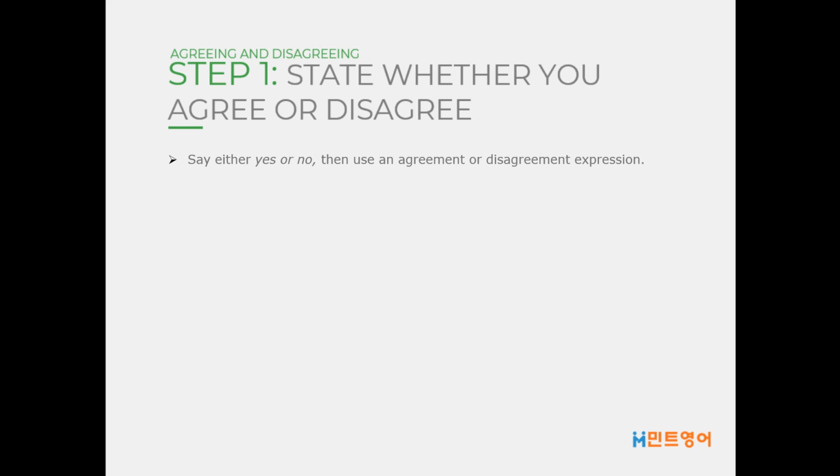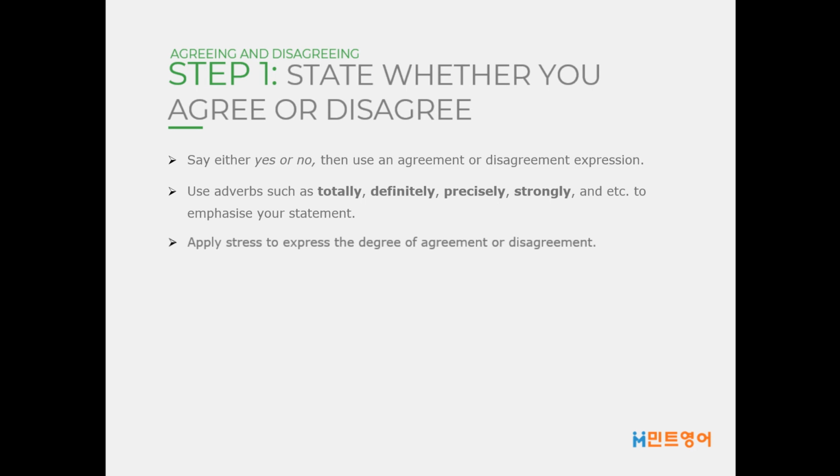Aside from saying that you agree or disagree, you can add adverbs such as totally, definitely, precisely, strongly, etc. to emphasize your statement. Remember the importance of stress when expressing the degree of your agreement or disagreement with the topic. You must stress them in order to express your strong conviction regarding your views.